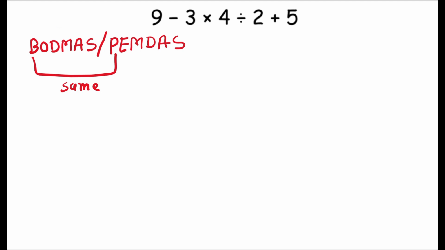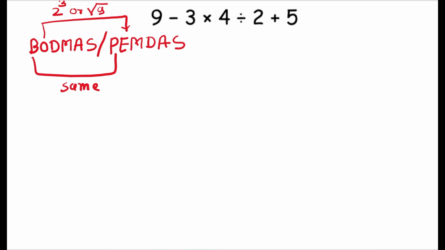Then O means order and E means exponents. Order means handling powers, roots, indices or exponents, for example 2 power 3 or the square root of 9. This will be solved second.